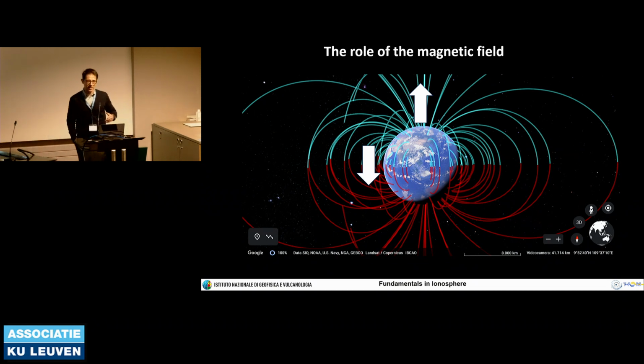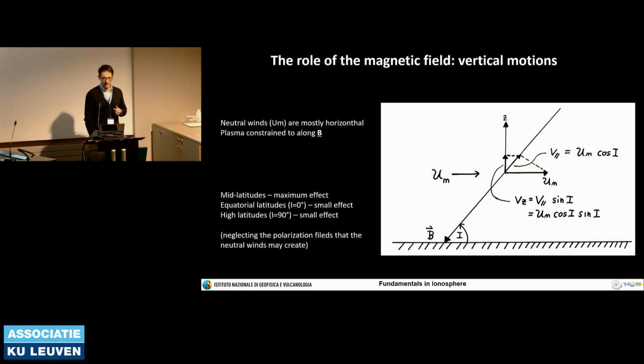The magnetic field is nearly vertical at the poles, and it's nearly horizontal at the equator. It plays a significant role, especially at mid-latitude, because the neutral winds are mostly horizontal, and the plasma is constrained to move along the magnetic field line.